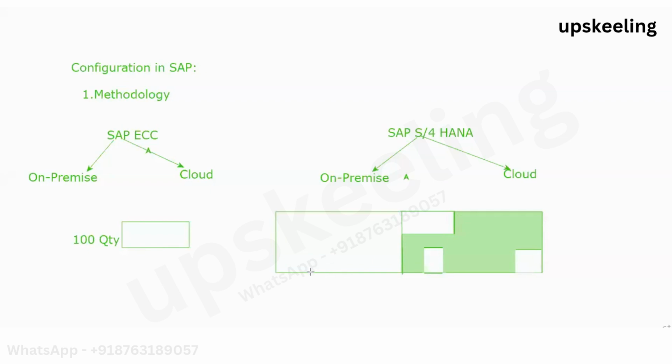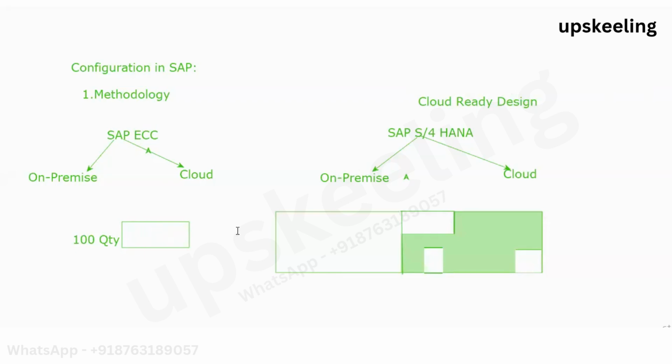Whereas if my software is cloud ready design, as S4 HANA is cloud ready design and ECC is not, it will optimally use the memory space.